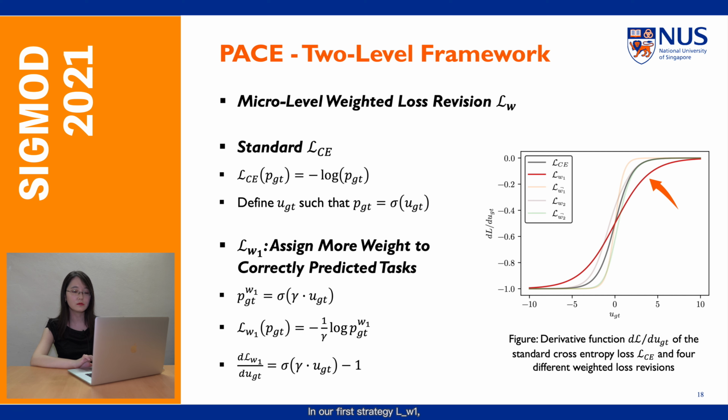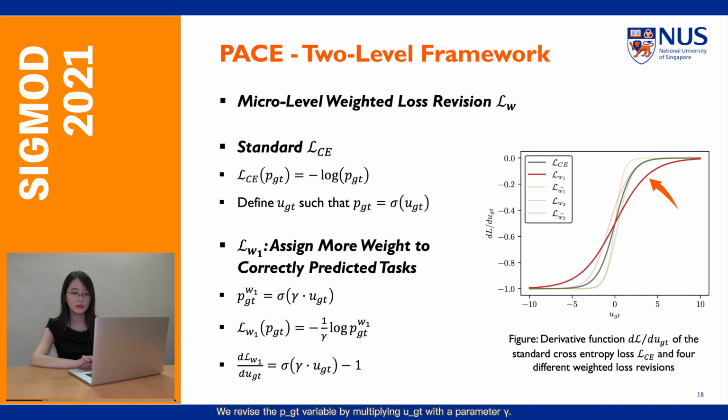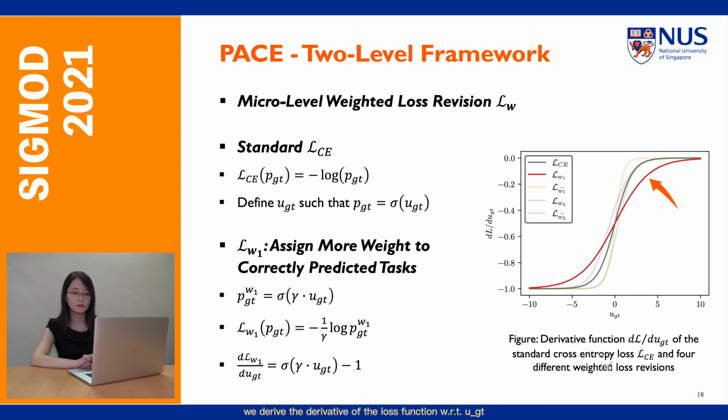In our first strategy LW1, we aim to assign more weight to correctly predicted tasks. We revise the PGT variable by multiplying UGT with the parameter gamma. To explain the underlying rationale for LW1 more clearly, we derive the derivative of the loss function with regard to UGT and plot the derivative function in this figure.